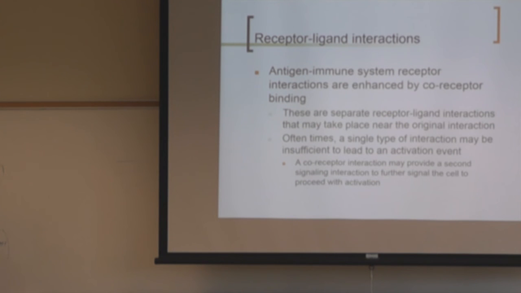So CD4 recognizes MHC class 2. So this is a helper T cell. If this were a cytotoxic T cell, it would be recognizing MHC class 1, and instead of CD4, it would be CD8. And so that strengthens that bond. If I break that bond, then it's going to be a weaker affinity, or avidity is going to be weaker, and I'm not going to have as strong a synapse.